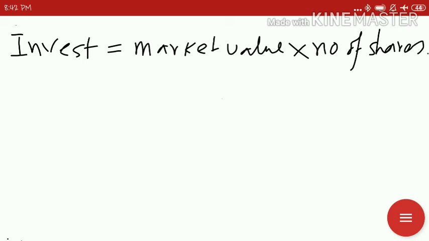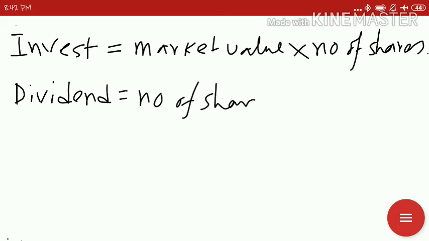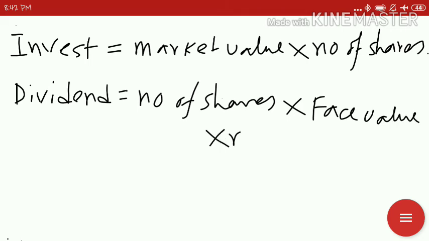Next, the dividend, that means the profit or interest he is going to earn from the corporation whose shares he or she has purchased. So dividend equals the number of shares he or she holds, into the face value or the nominal value, into the rate.